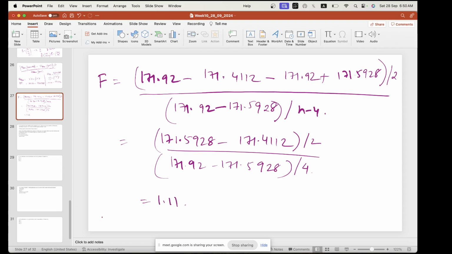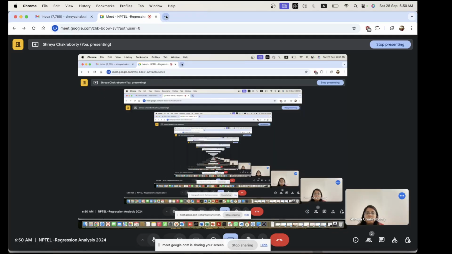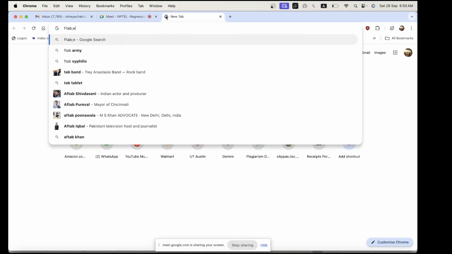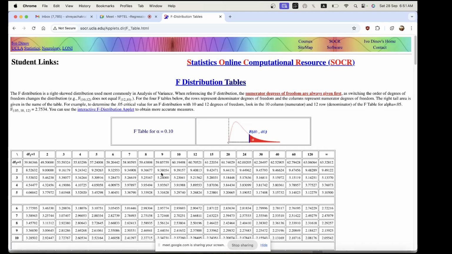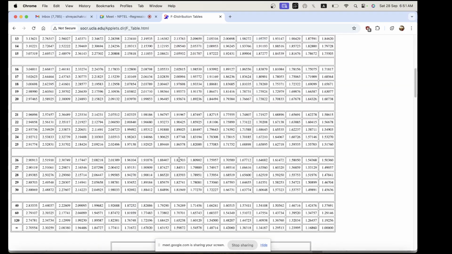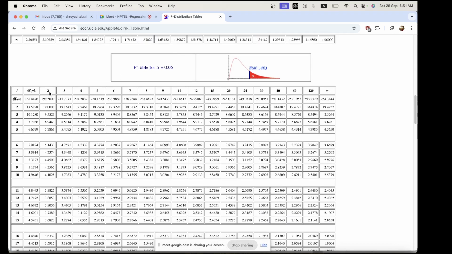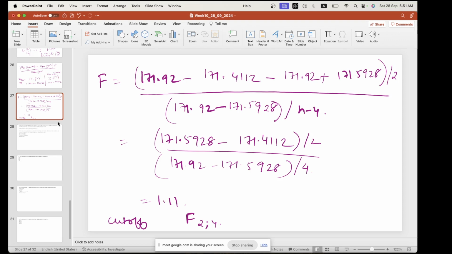Alright, and the cutoff is F 2, 4. So what should we do? Let's get the F table, or we don't need the F table for that matter, but still, for alpha 0.05, F with df 2, 4 is actually 6.944.